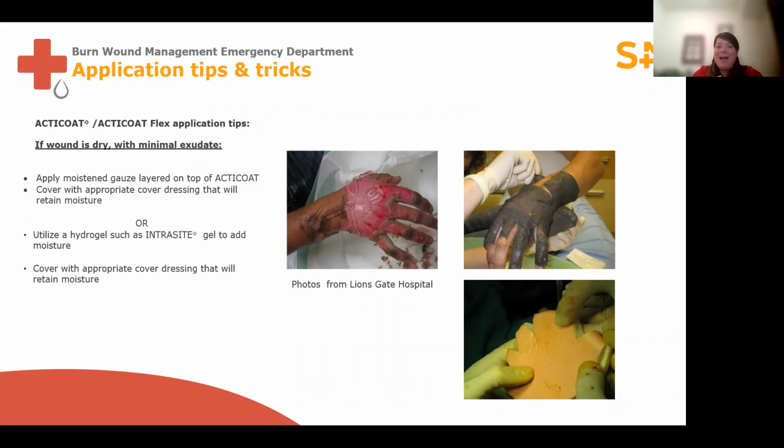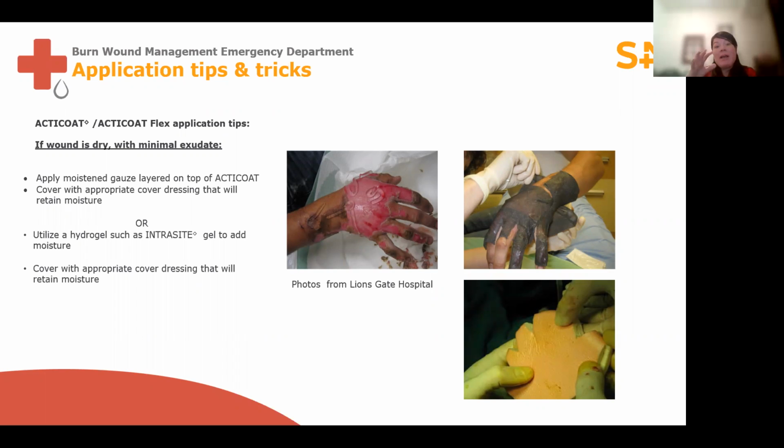Excellent. So we've talked about some application tips and tricks, and the importance of maintaining that range of motion. One of the things to watch out for is to continuously assess that burn injury. If the patient comes back to your emergency department and let's say the Acticoat dressing has stuck to that burn injury, first off, you don't want to rip it off.